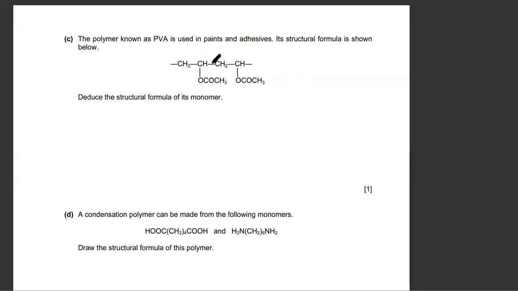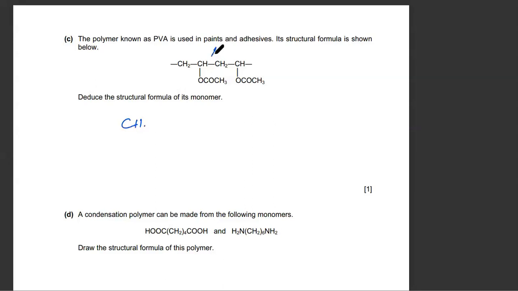You just need to be able to look at the molecule and see, the first thing is, is there any form of repeating unit? OC, O, CH3. You can see the CH2, CH between.